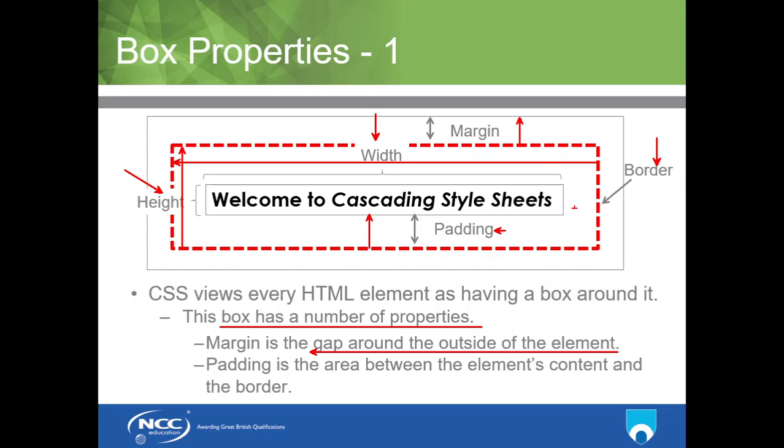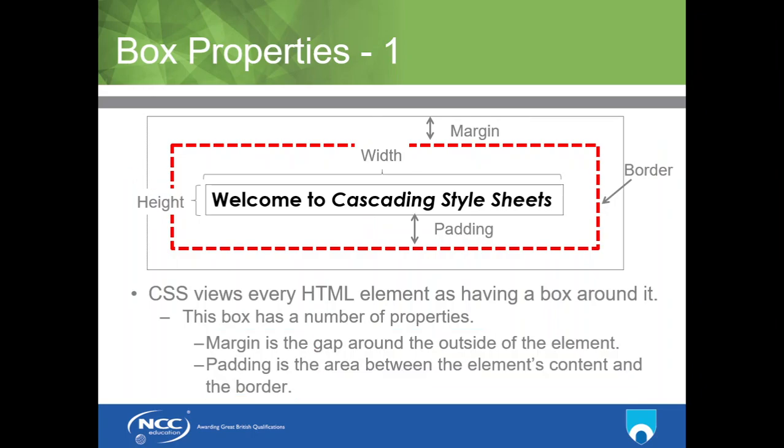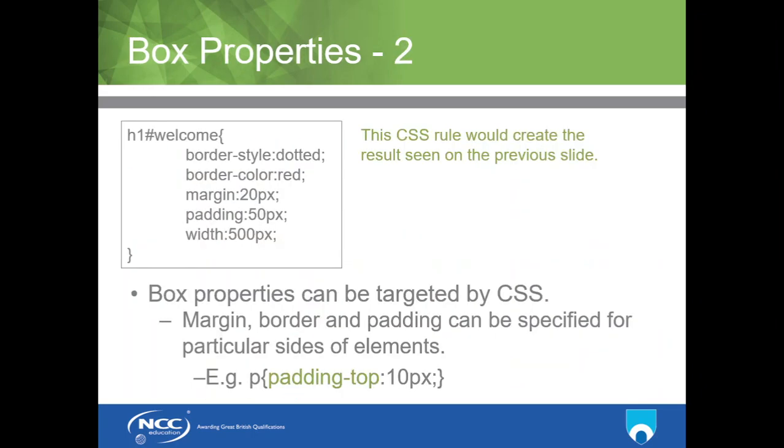So if you've included a border for example, your heading 1, and the border is too close to the content, welcome to Cascading style sheets, then you need to increase the padding. Area between the element content and the border is what we call the padding. Please don't confuse between padding and margin. So those are the box properties.